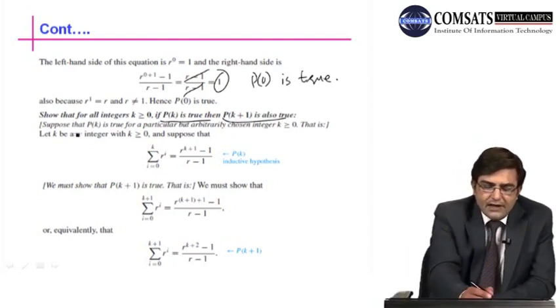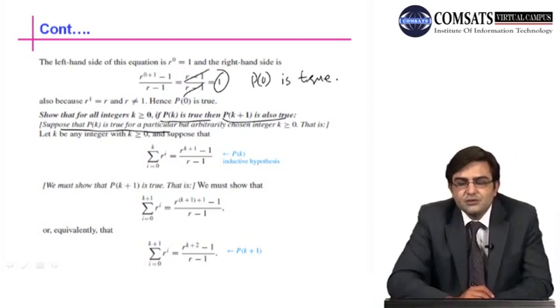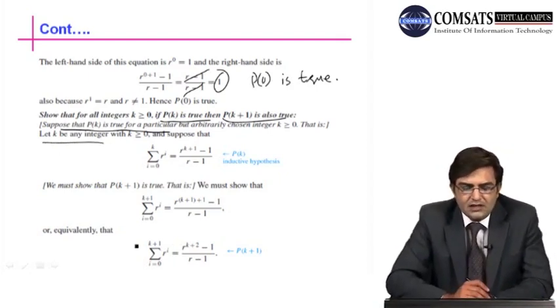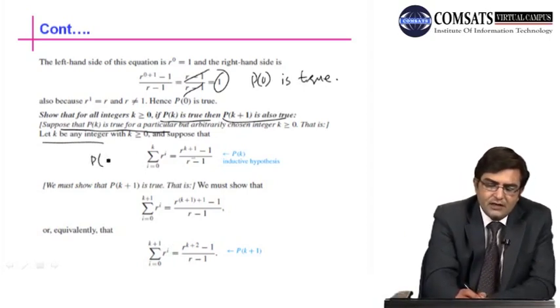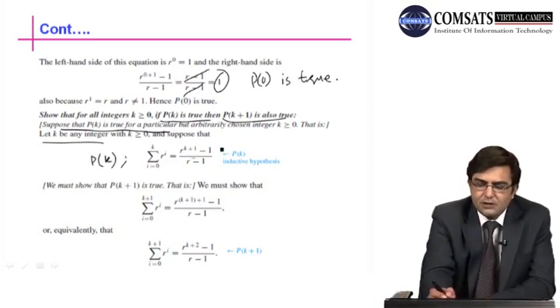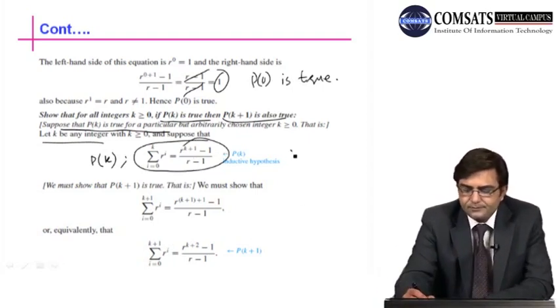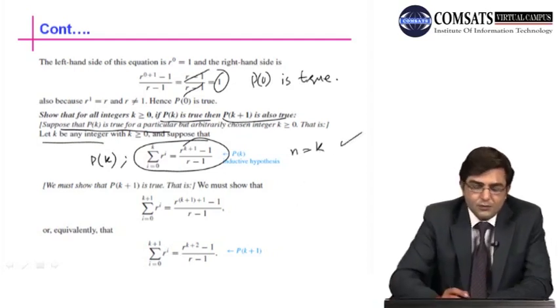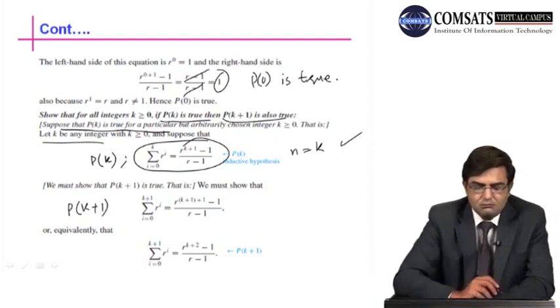So we suppose that P of k is true for any particular but arbitrarily chosen integer k greater than or equal to 0, that is, let k be any integer with k greater than or equal to 0, and suppose that this P of k is true. This is P of k. Basically we have used k instead of n, so this is true.